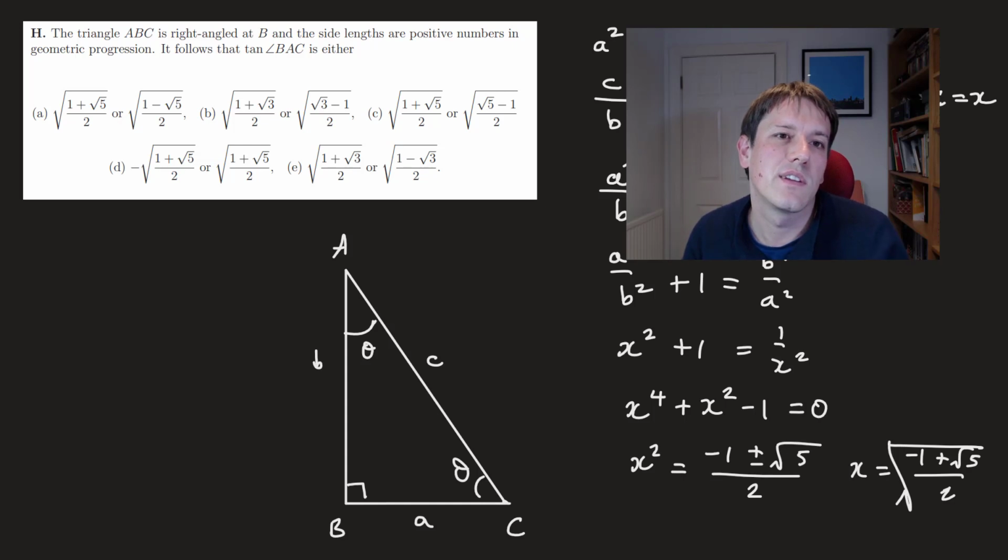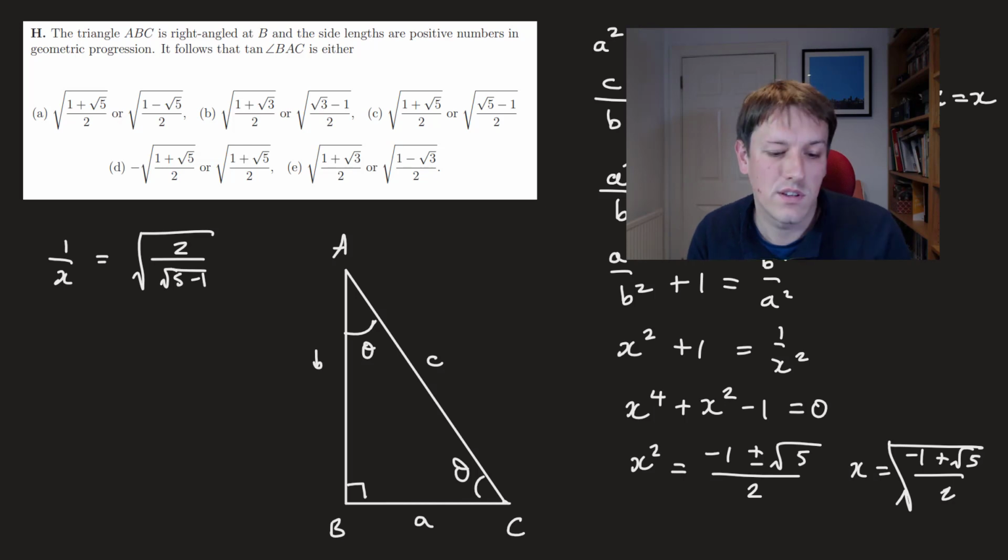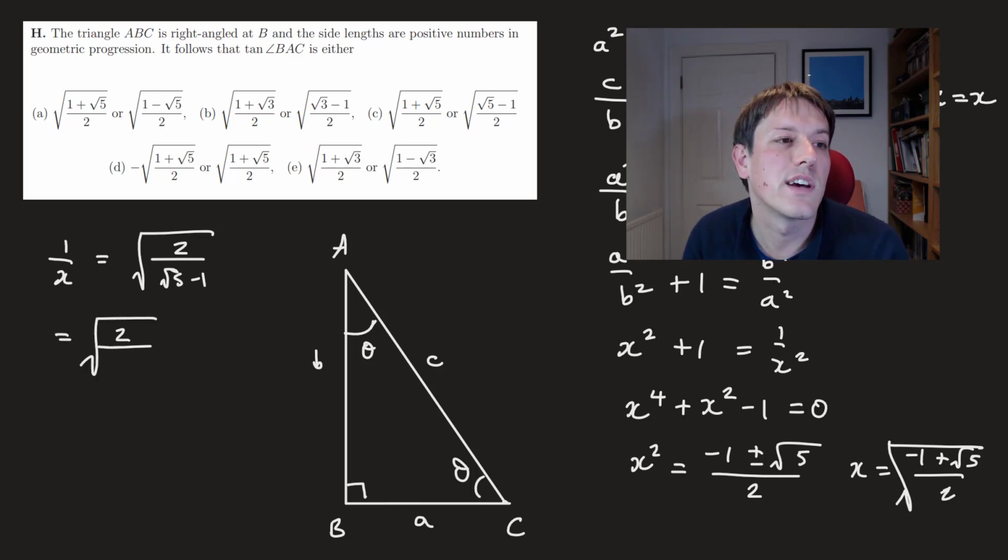So instead of in this argument having A over B, I'm going to have B over A, right? So the other answer is just 1 over x, where that's the answer we've just worked out, right? So that would be 2 over the square root of 5 minus 1, square rooted, and if we just rationalize that, then I'll get 2 times the square root of 5 plus 1 over 5 minus 1, which is 4.